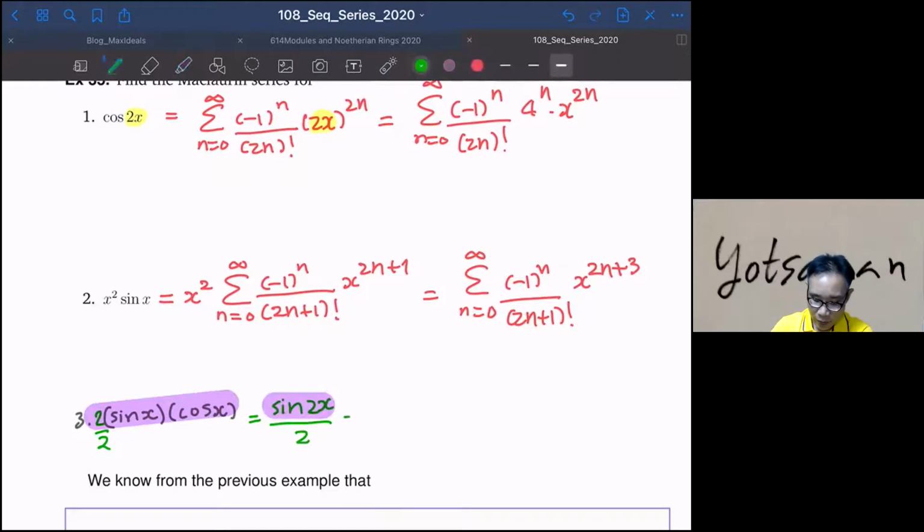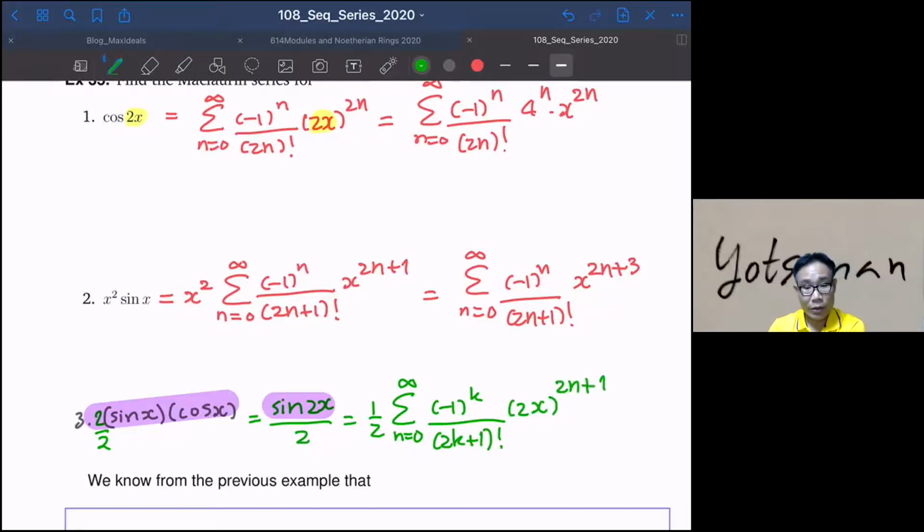And so it would be 1/2 series n equal to 0 to infinity, and sine 2x is going to be negative 1 to the k over 2k plus 1 factorial, and you have 2x to the 2n plus 1. Okay, so that is going to be the power series that you're looking for.